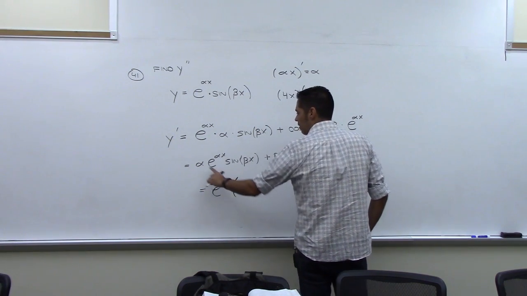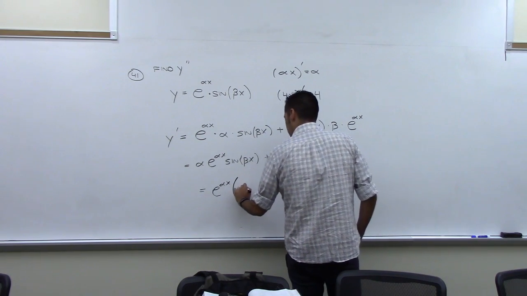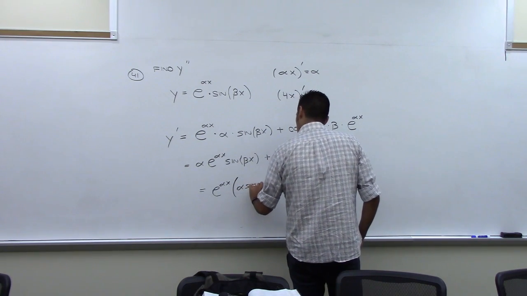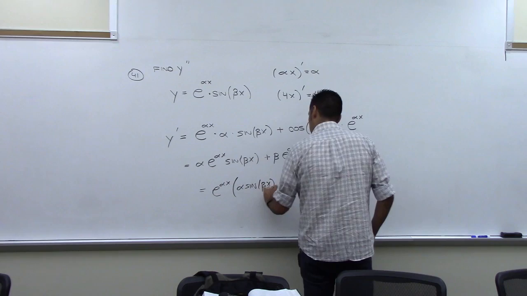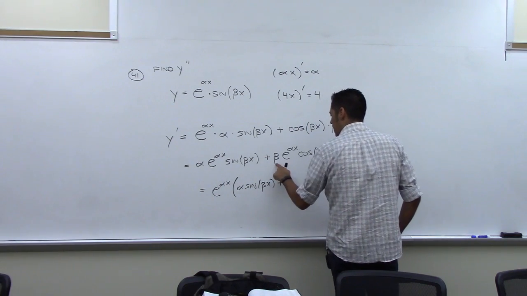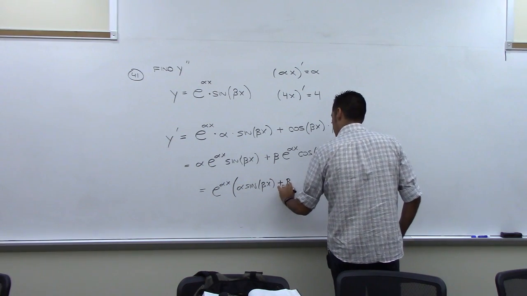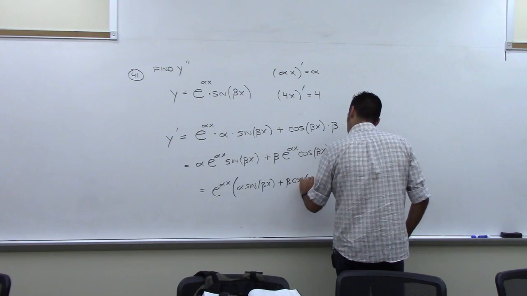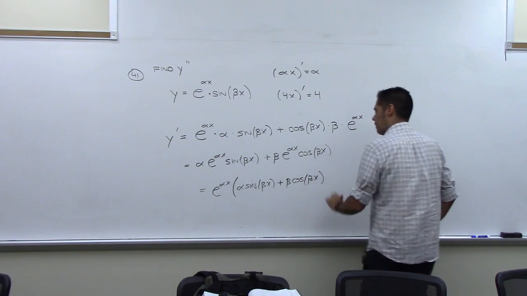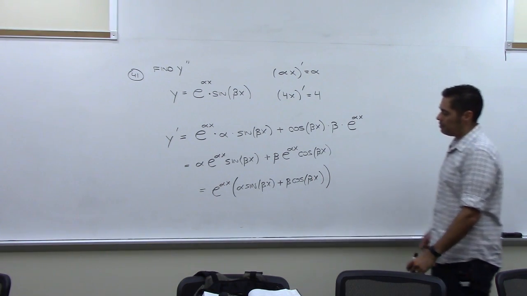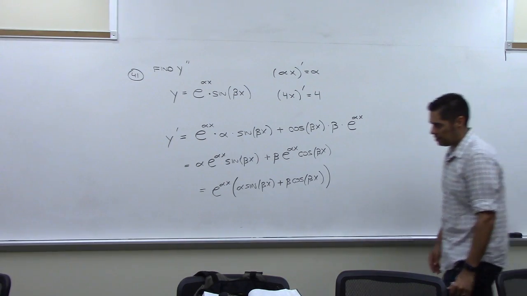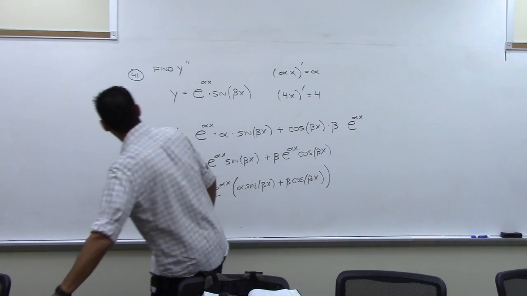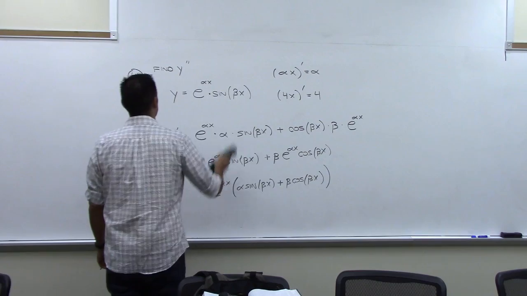That leaves me with an alpha and a sine beta x plus a beta and a cosine beta x. All right, so there's my first derivative. Now let's take the derivative of that. It's going to be ugly.